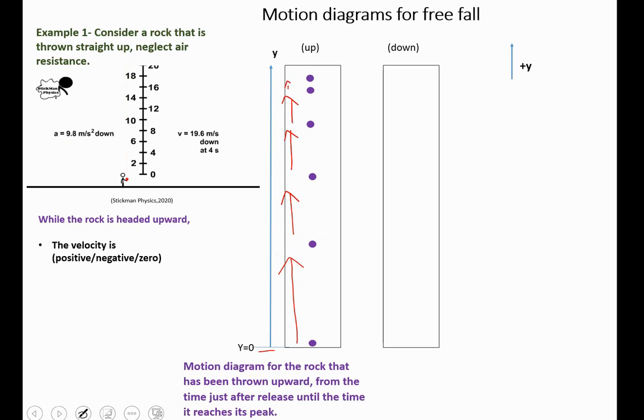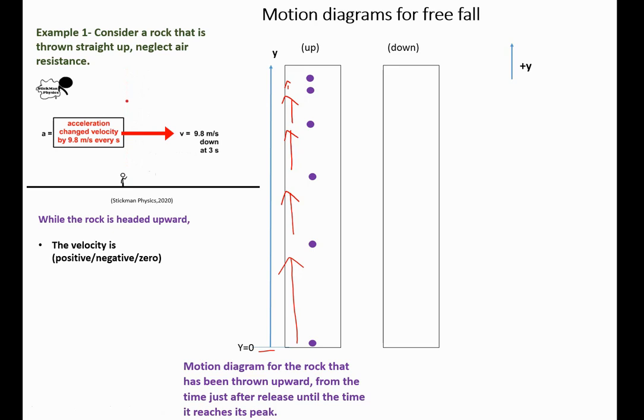Okay? So the velocity is positive because it is initially upwards. So until it reaches the maximum point, the velocity is positive.